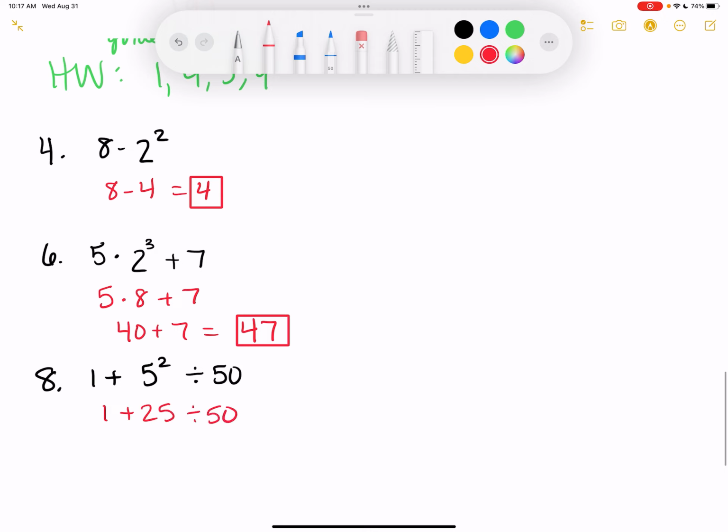And then dividing. So 25 divided by 50 is going to be 1/2. So 1 plus 1/2, or if you want to write it as 0.5, however you want to do it. So this is going to end up being 1.5 for your answer.